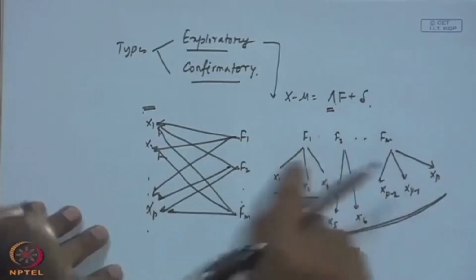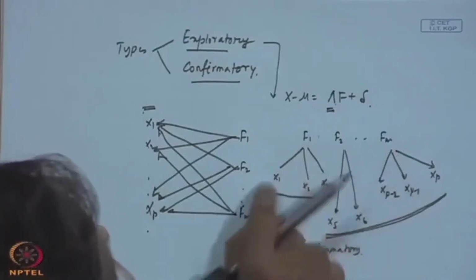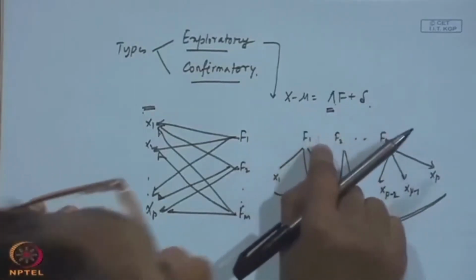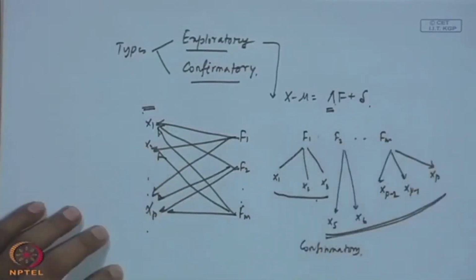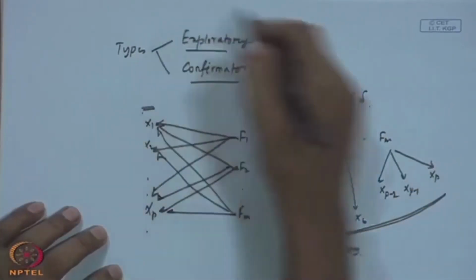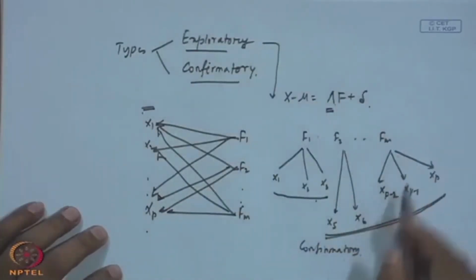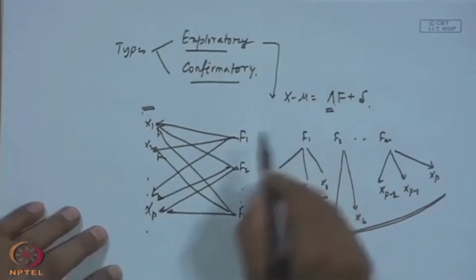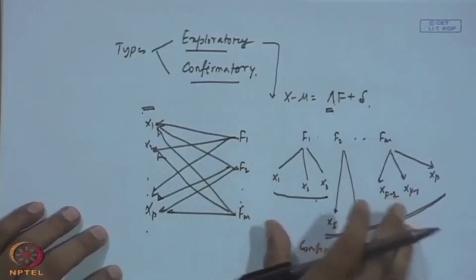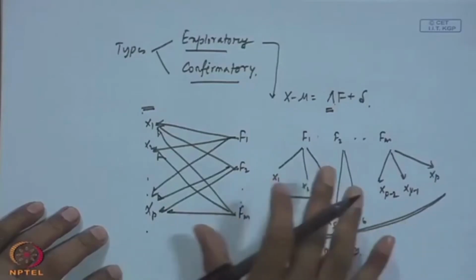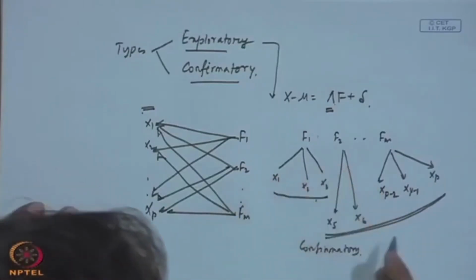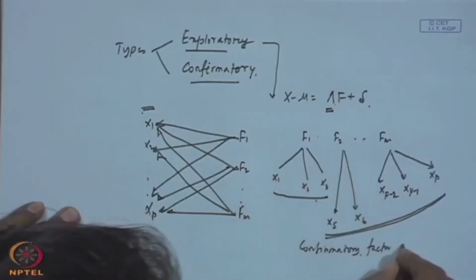So there are certain indicators you are finding, and you are saying these indicators are measuring supply chain coordination, these indicators are measuring something else. Then through the statistical route you are confirming whether what you have assumed, hypothesized and proposed is correct or false. That is your confirmatory factor analysis.